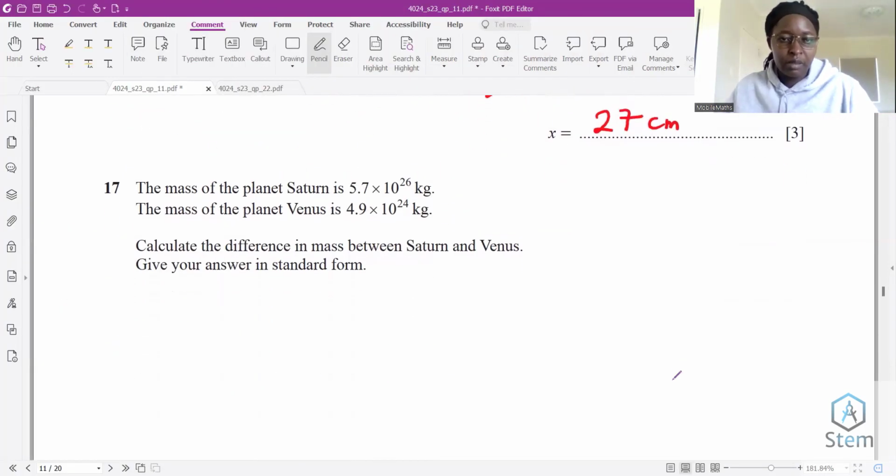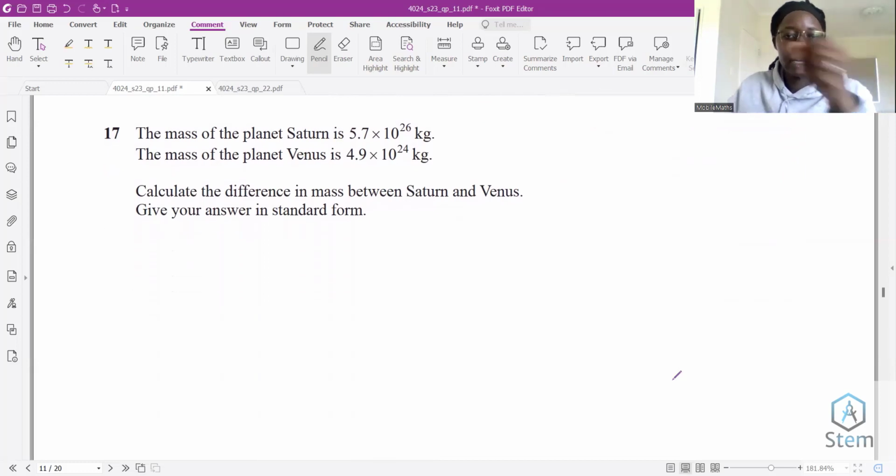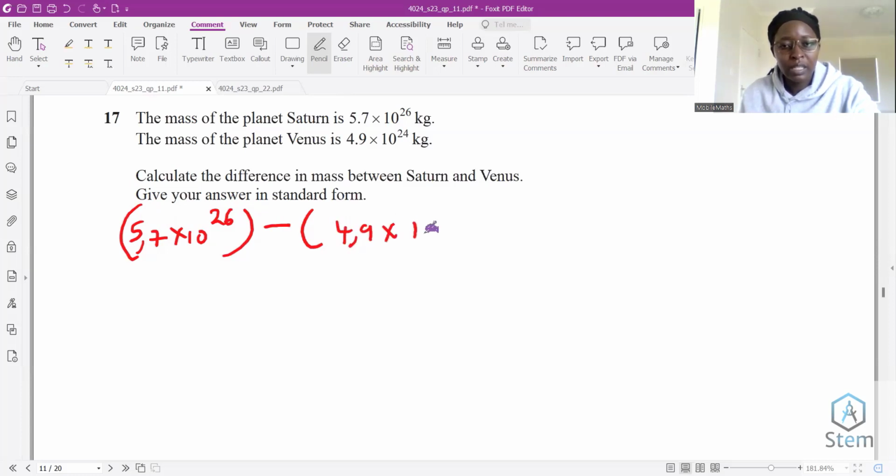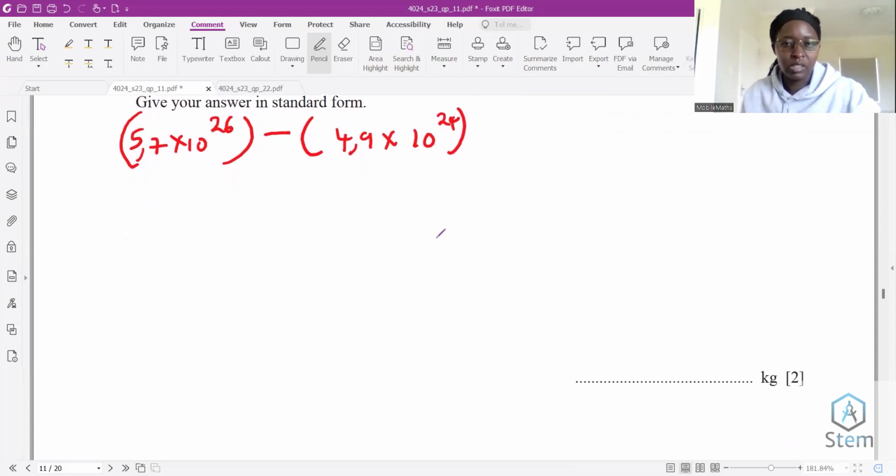Number 17, the mass of the planet is that. Then the mass of Venus is that. So they want the difference. So I can say 5.7 times 10 to the power of 26, minus, because that's the difference, 4.9 times 10 to the power of 24. Okay, let's subtract these two.